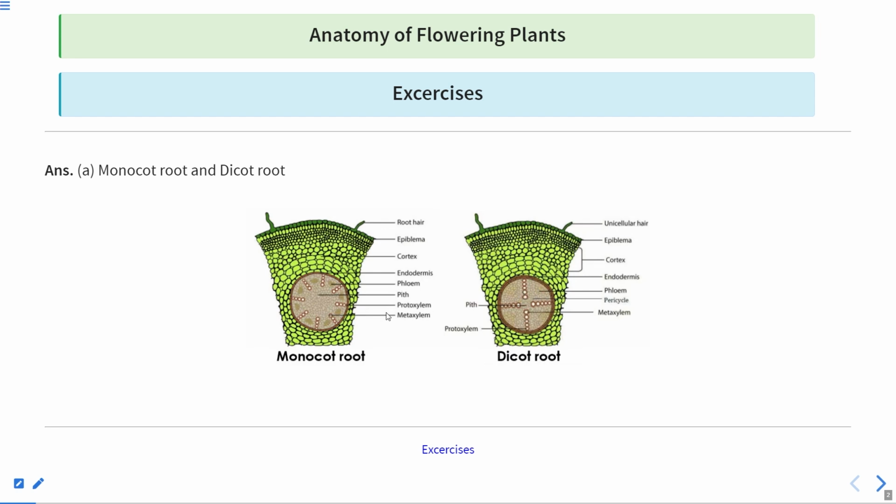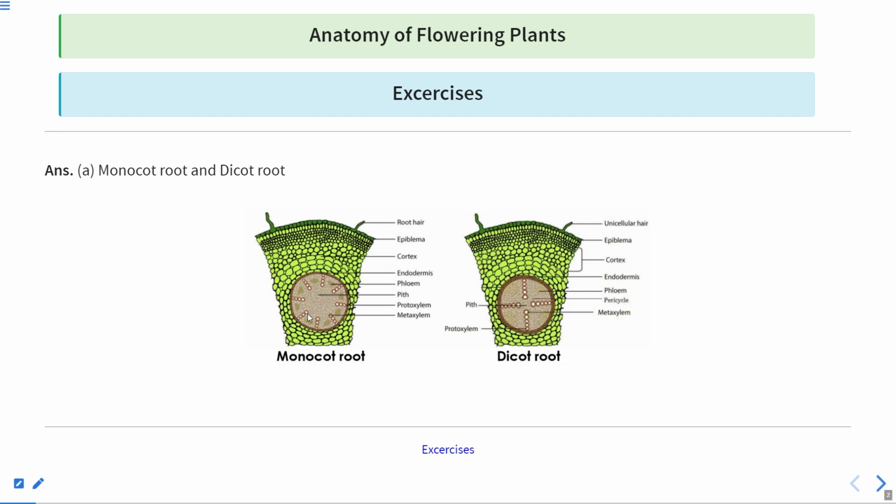Now, after this, you can see the protoxylem and the metaxylem. Now, the xylem has more layers, okay? In the case of dicot, you can see 1, 2, 3, 4, 5 different cells, and they have the metaxylem toward the inner side and the protoxylem toward the outer side. Same here, in the arrangement, you can see the metaxylem is on the inner side and the protoxylem is again on the inner side.